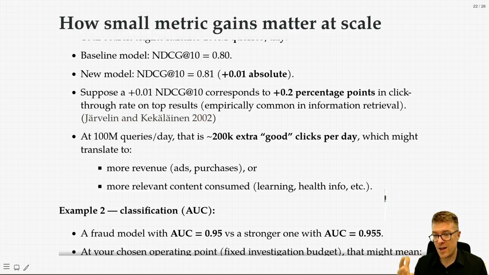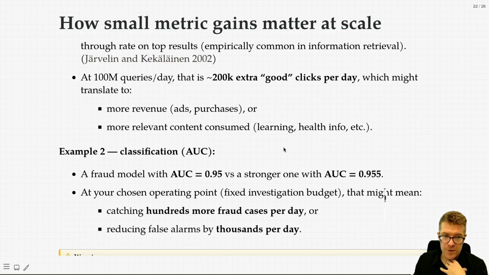So depending on the scale you have, these small numbers can result in very big absolute numbers in terms of difference. Another example is fraud. We have a model with AUC of 0.95. We have a stronger one with AUC 0.955, which again seems like a very small difference.